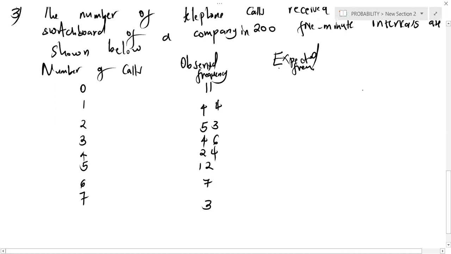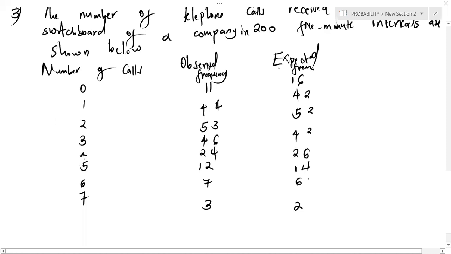And we have the expected. Notice that the expected value in this particular question has different values each and every time. So we have 16, 42, 52, 42, 26, 14, 6, and then 2. Okay, guys.